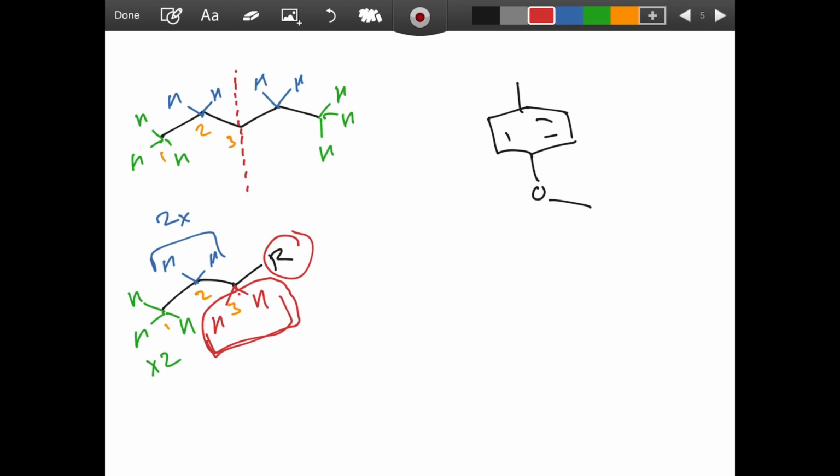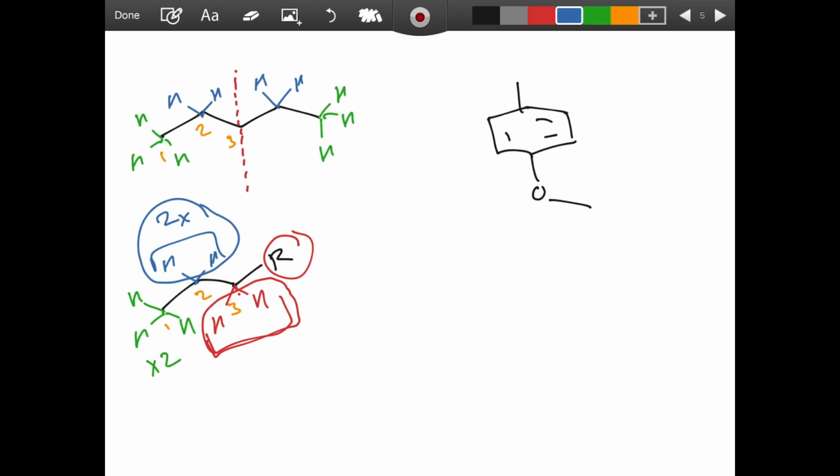While the hydrogens on carbon 2, the NMR sees 2 sets of them, right? It sees 4 hydrogens there, where on carbon 3 it just sees 2. And the hydrogens on carbon 2, they're beside a carbon that has 3 hydrogens on it, and a carbon that has 2 hydrogens on it.